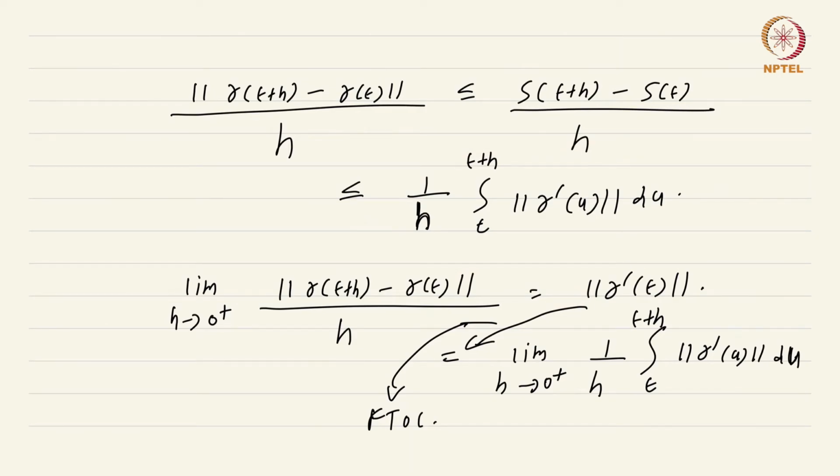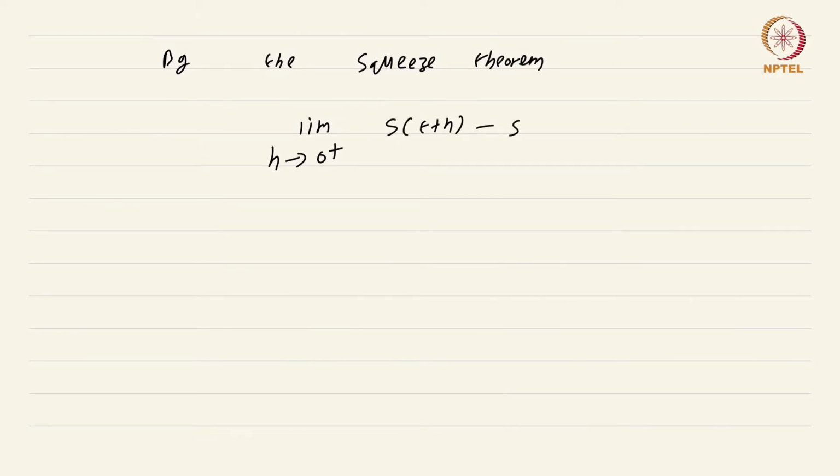So the net upshot is, by the squeeze theorem, the squeeze or sandwich theorem, whichever you prefer, the limit as h goes to 0 plus of s of t plus h minus s of t by h is nothing but norm gamma prime of t. This is just the squeeze theorem.